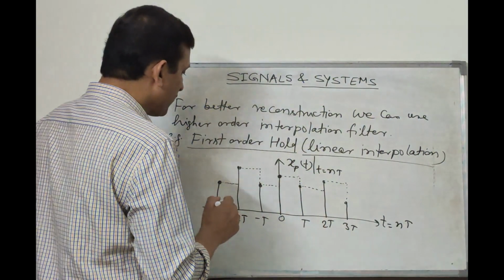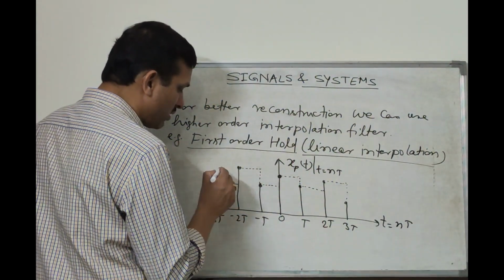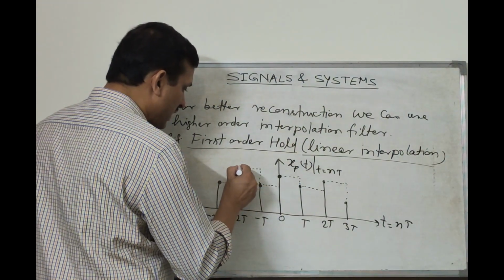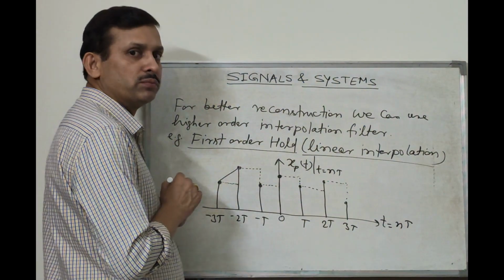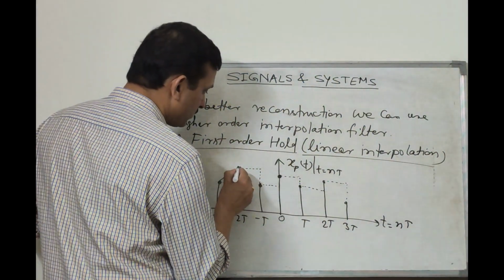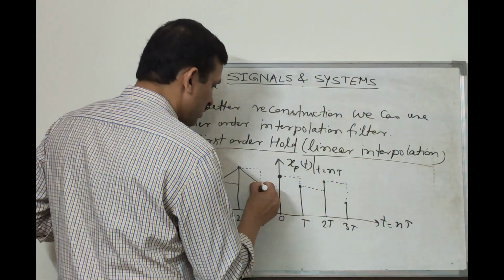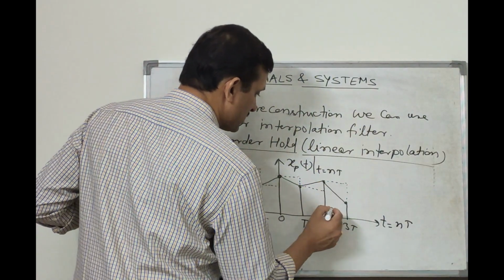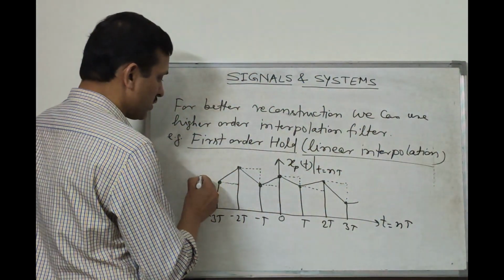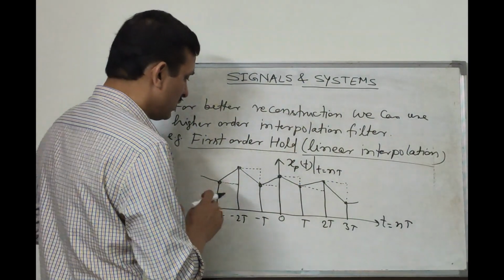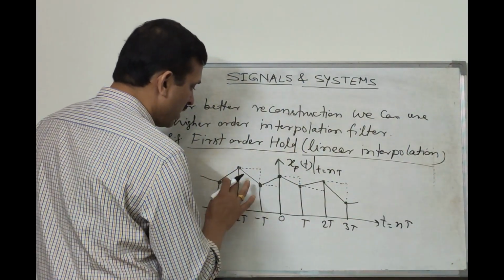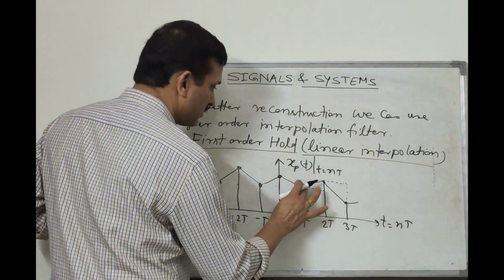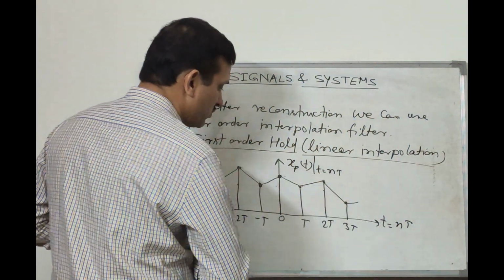But in first order hold, it is not keeping a constant value from one sample to the next. Instead, each sample is connected to the next by a straight line with a slope. Similarly for these two samples. This is the output of first order hold. The dotted line shows the zero order hold, but this is the output of first order hold.